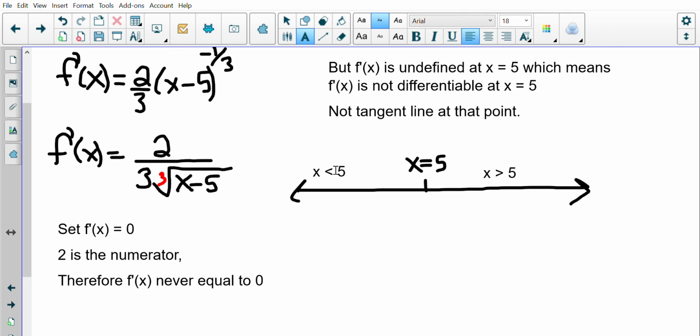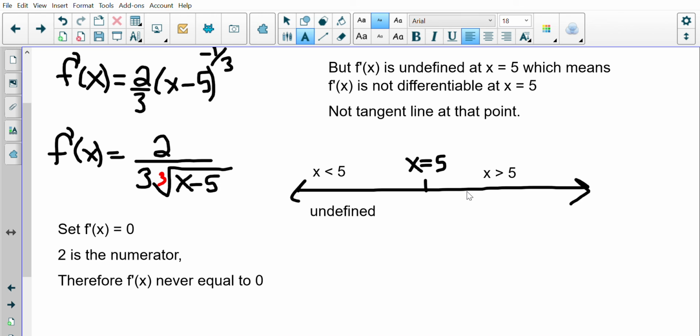I'm going to have to sub in a number less than 5. Well, for our derivative at less than 5, we don't even get a value. It's undefined at x less than 5. So our function doesn't even exist at that spot.